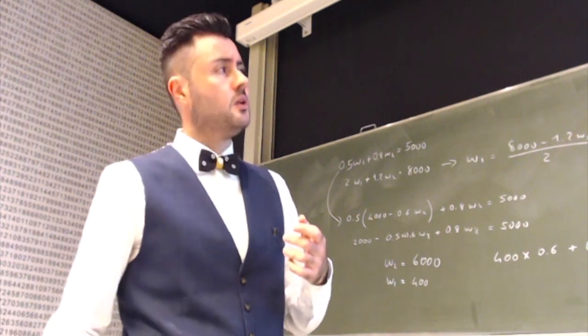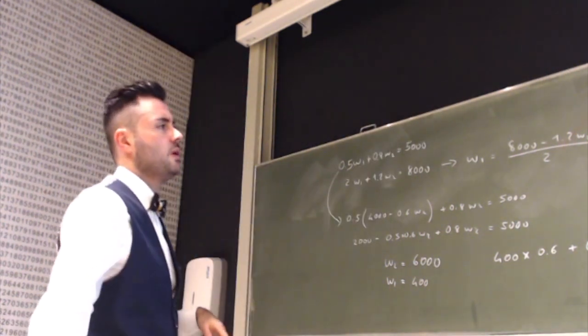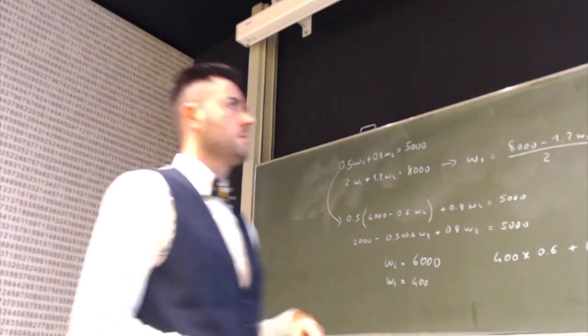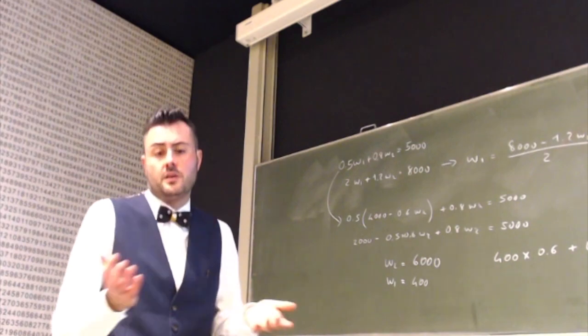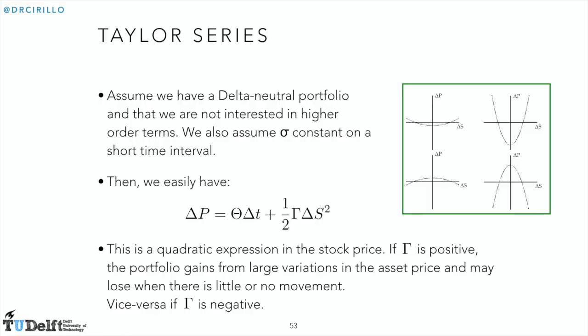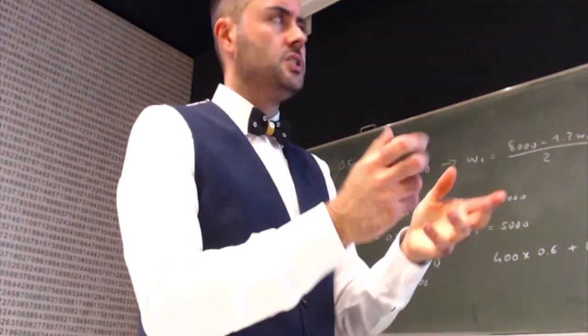So for example, let's assume that we can simplify all this series of derivatives in the following way. We have a delta neutral portfolio, so since the portfolio is delta neutral, the delta is 0, so it disappears from my approximation. And we are not interested in the higher order because we want just a very quick evaluation.